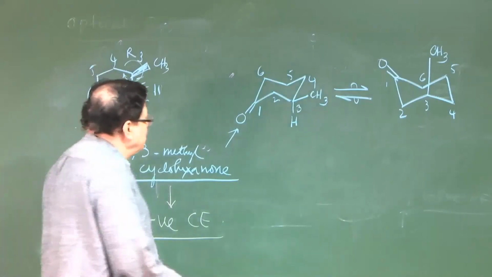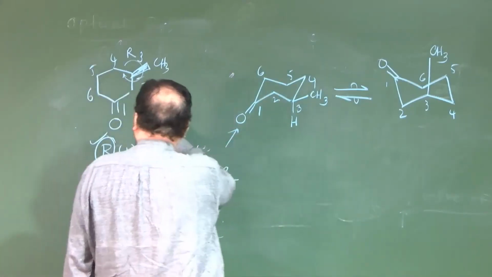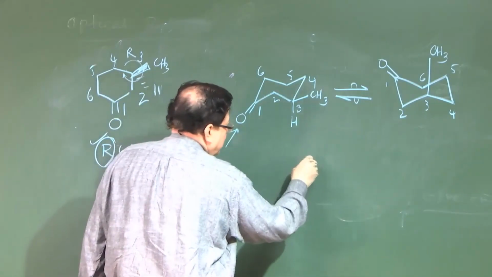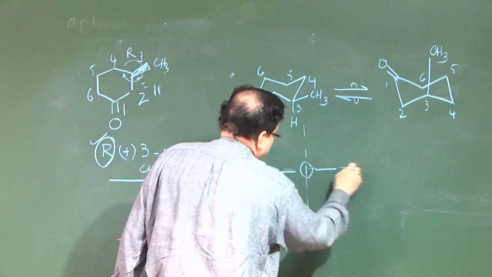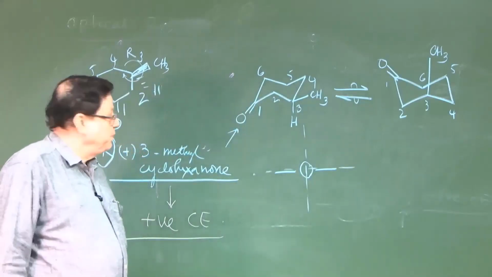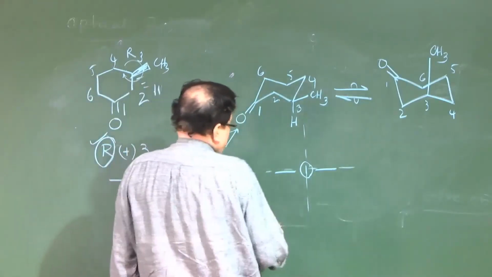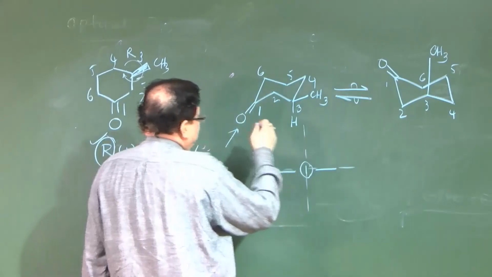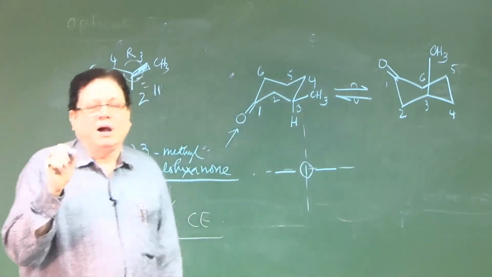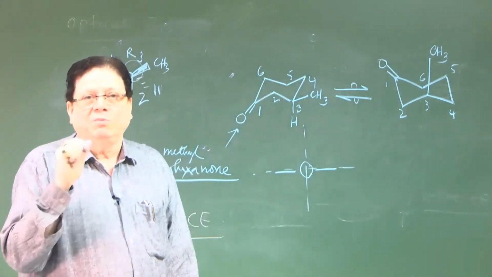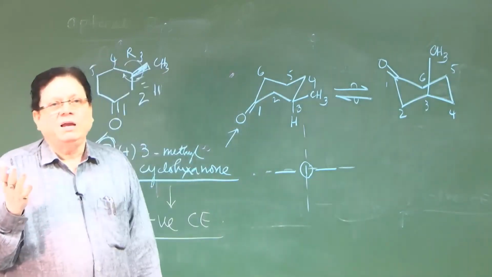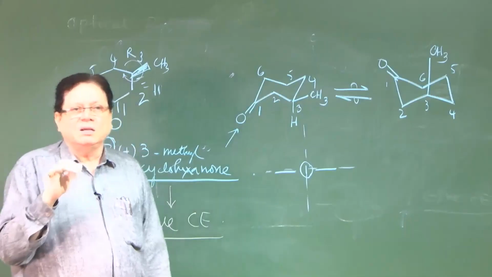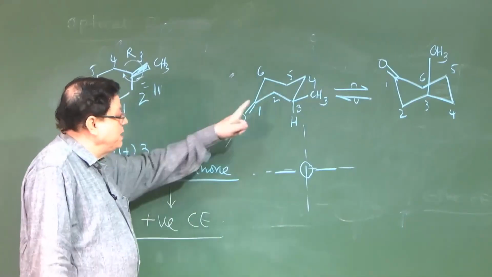Very similar to what I told you, the carbonyl carbon will always be in the cross point between the 2 axes, that is number 1, and on the right side and the left side will be the carbons alpha to the carbonyl. Now, which one goes to the right, which one goes to the left? That is the question. Here also you have to be careful.